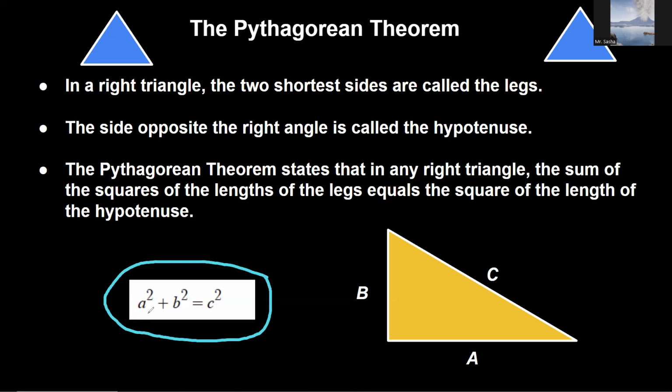So we have a squared, b squared, and c squared, which means here you have a squared plus b squared equals c squared. Okay? So it's this side squared plus this side squared equals this side squared. Okay? Now let's move on.